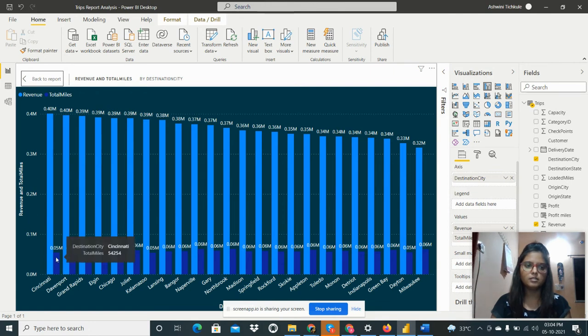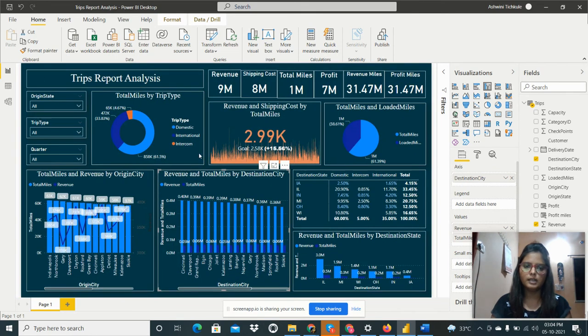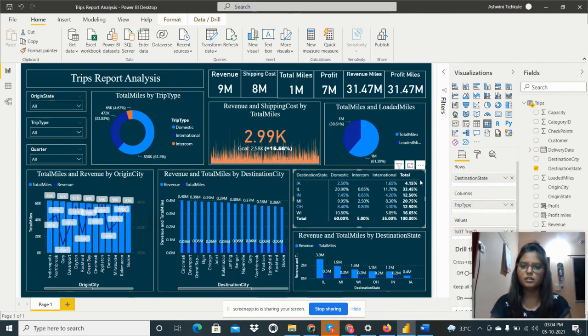Total miles is 0.05 million, and 0.40 million is the revenue. So the highest revenue is from Cincinnati. The lowest is from Milwaukee, where 3.32 million is the revenue and 0.06 million is the total miles. You can see that.